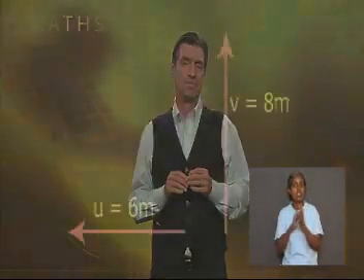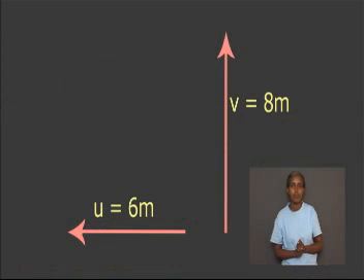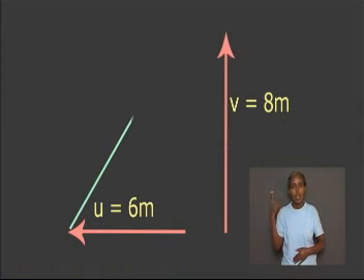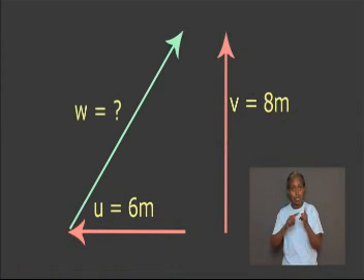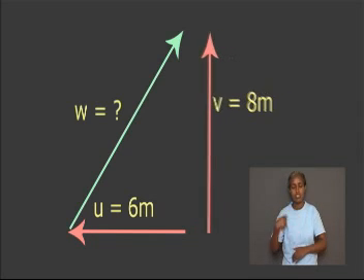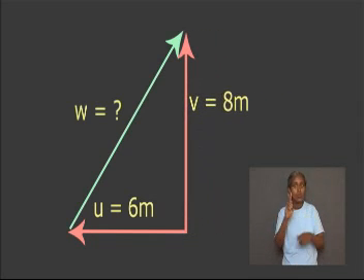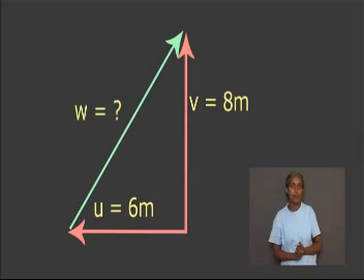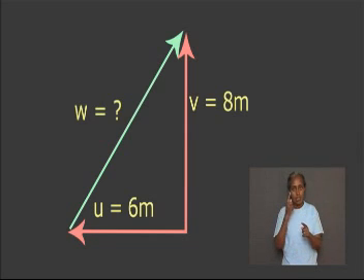Welcome back. I am sure that you had no trouble with this review question. When we apply the tail-to-tip rule, it changes our graph to look like this. The resulting shape looks like two sides of a right-angled triangle, does it not?